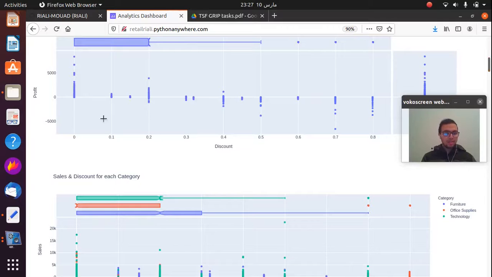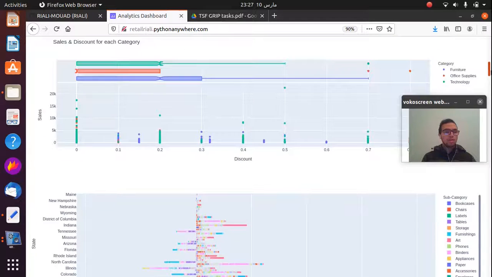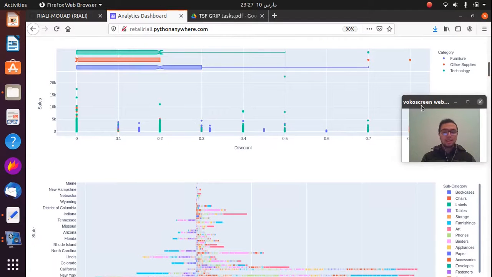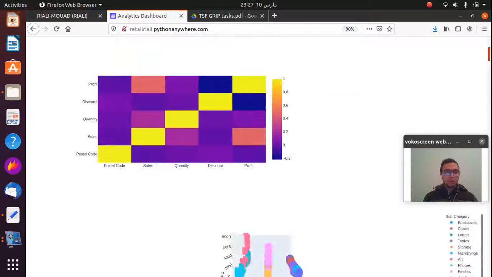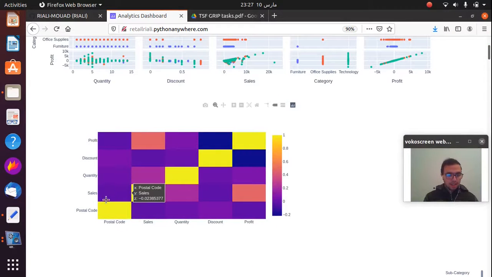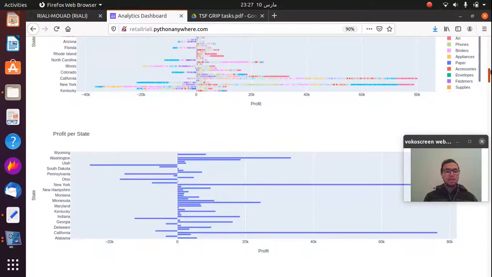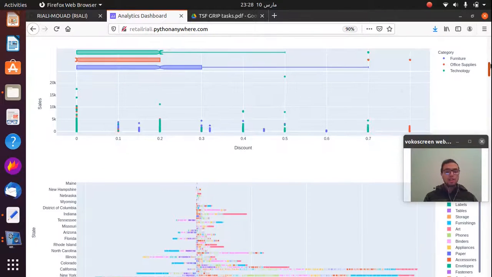Here we have a 2D plot of profit and discount, showing the relationship we just talked about. And here we have discount and sales, which is important because sales are negatively correlated to discounts. As we can see, the greater the discounts, the lower the sales rate.